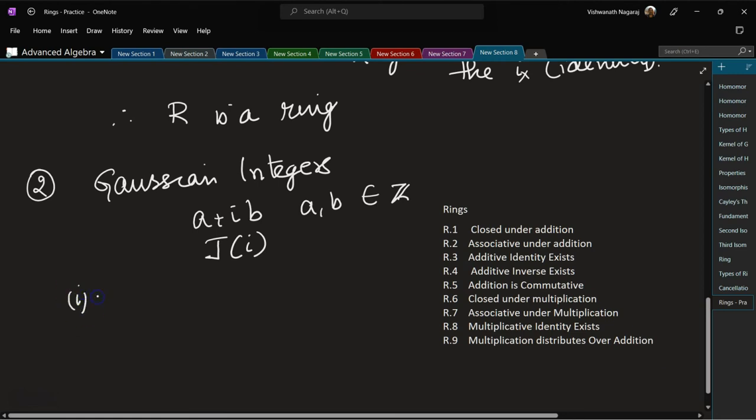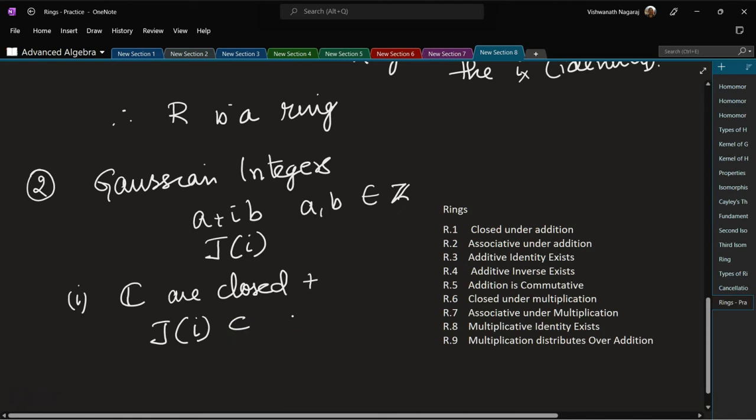So, we know complex numbers, remember, Gaussian integers are nothing but a subset of complex numbers. So complex numbers are closed under addition, right? And Z[i] is a subset of complex numbers. It's a proper subset.